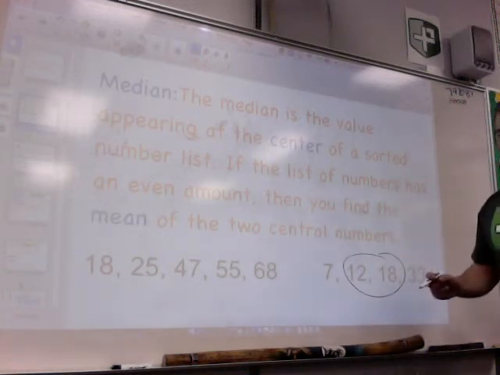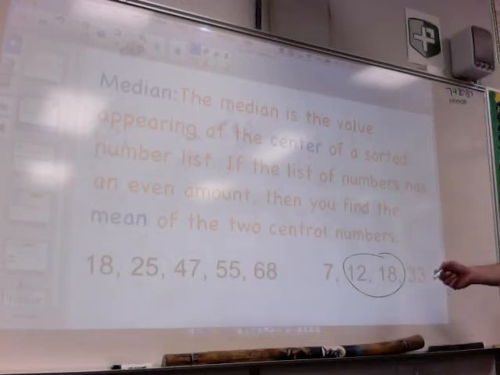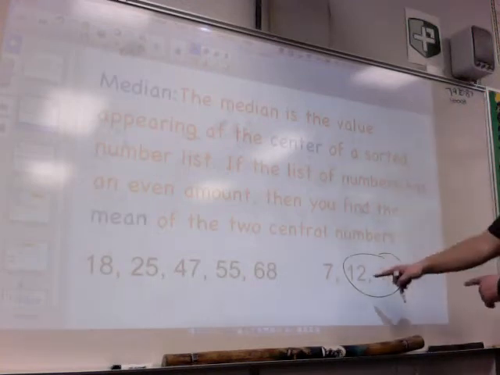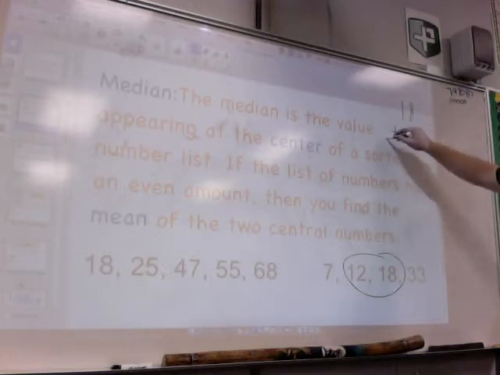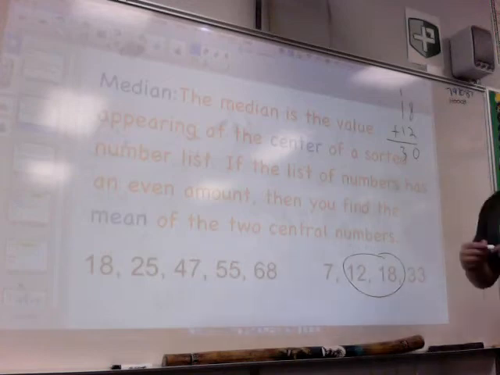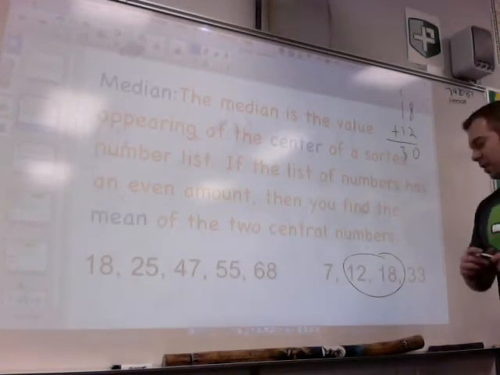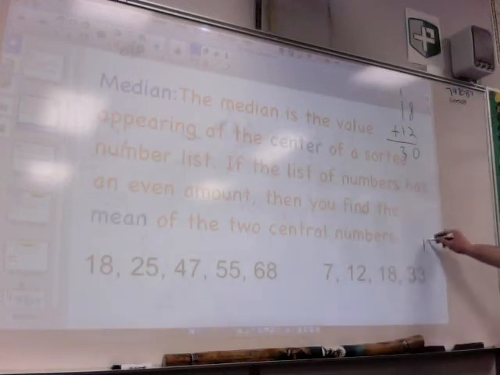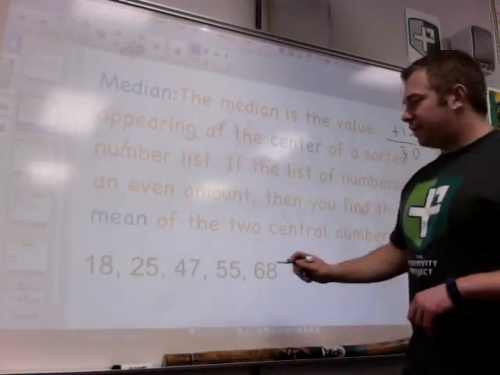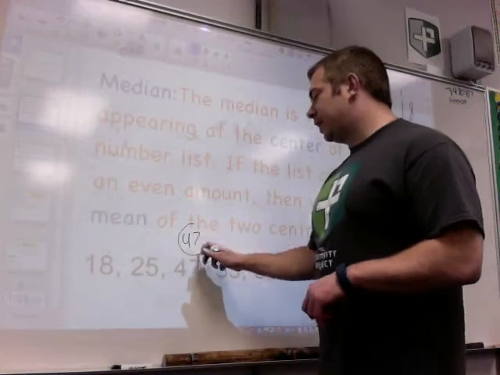So my median would be 12 plus 18 divided by 2. 18 plus 12, and I get 30. 30 divided by 2 equals 15. So the median for this set of numbers would be 15. The median for this set of numbers would be the 47.